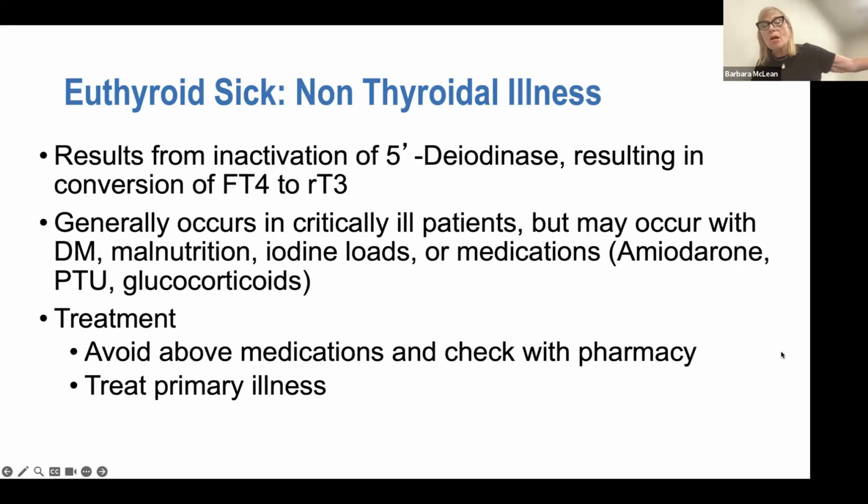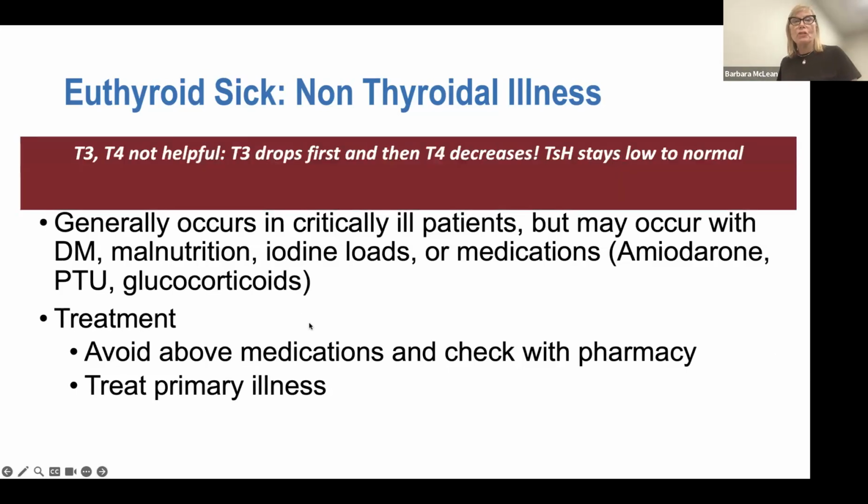It's not a pituitary failure. It's not a thyroid failure. It's a failure of the hormone to be free to bind at the cellular level because that hormone has been iodinized. Really important. And actually, it occurs quite a bit in our critical patients.